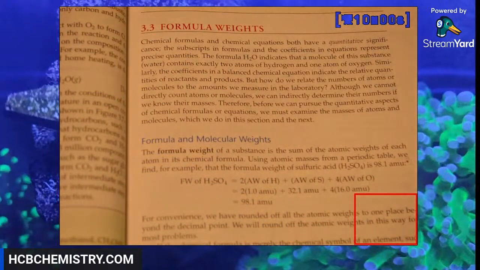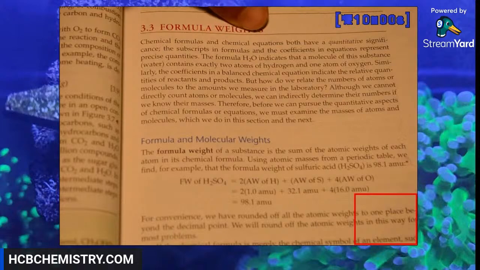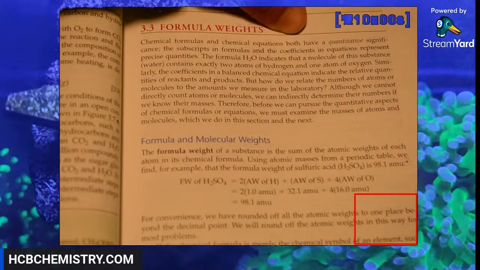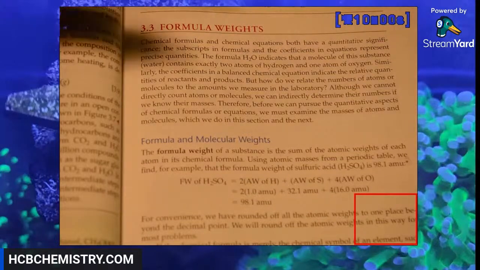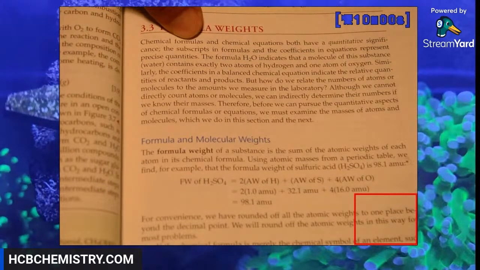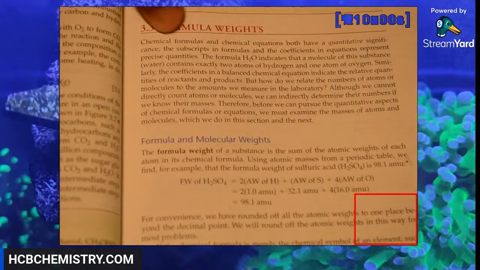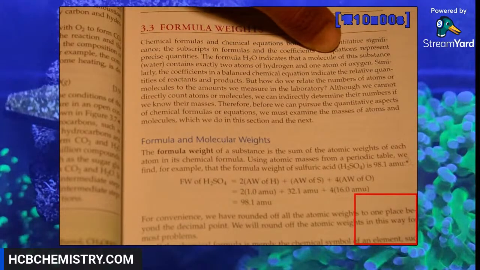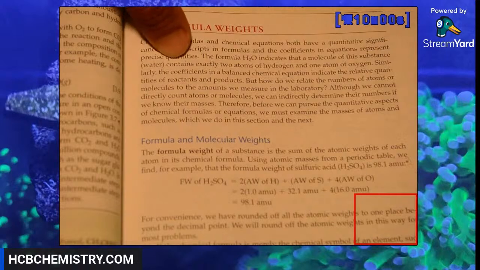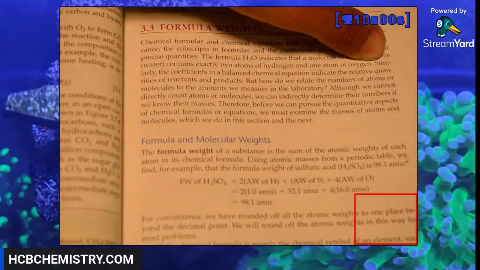All right. So chemical formulas and chemical equations both have a quantitative significance. The subscripts in the formulas and coefficients in equations represent precise quantities. The formula H2O indicates that a molecule of the substance water contains exactly 2 atoms of hydrogen and 1 atom of oxygen.